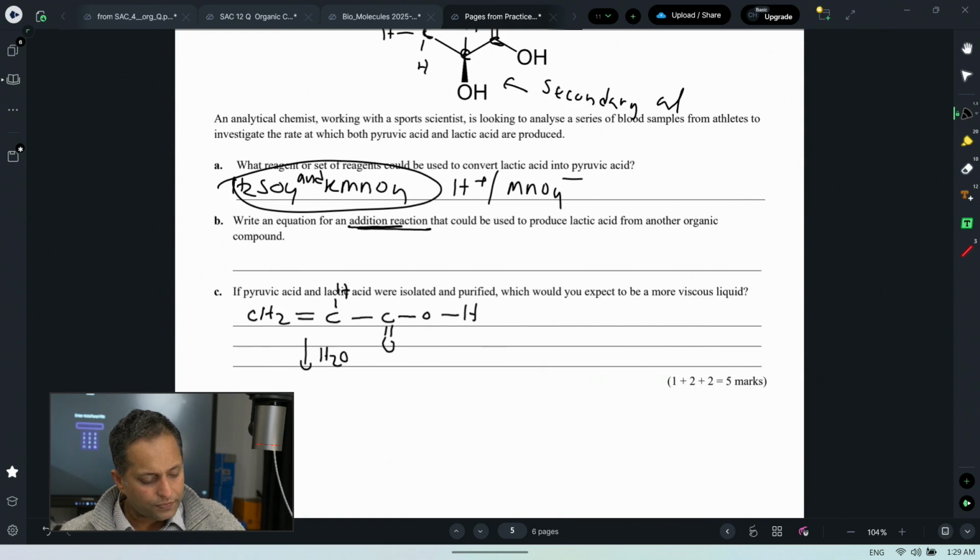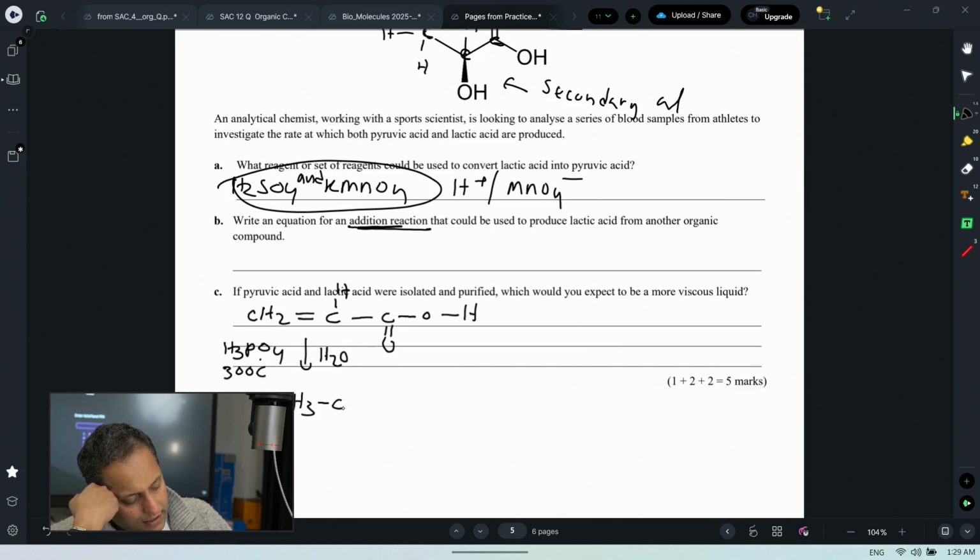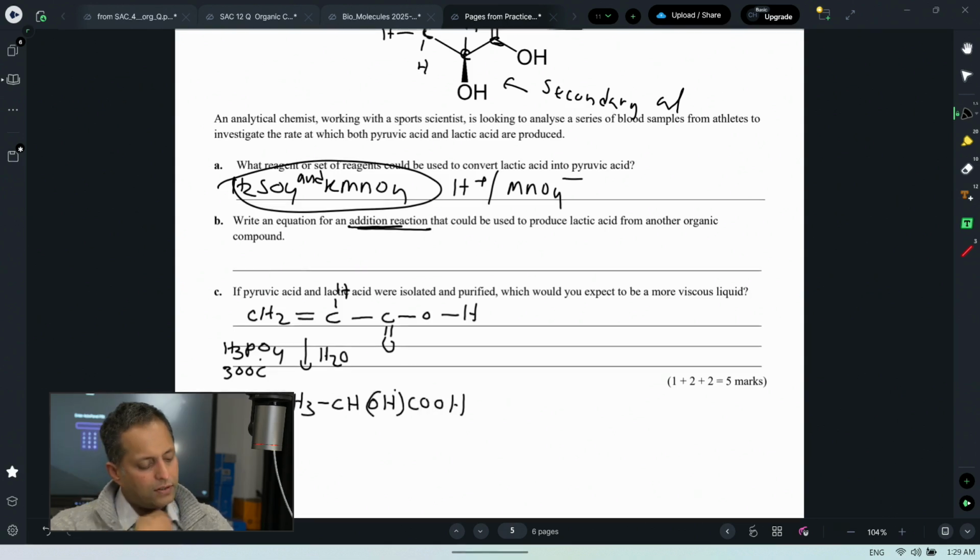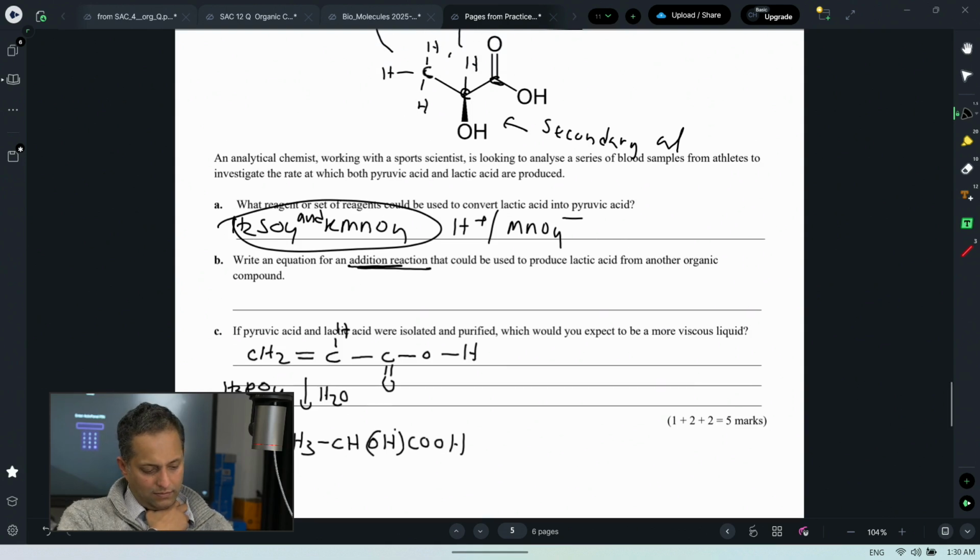I'm doing the first reaction, even though this is part C. Adding water in the presence of H3PO4, phosphoric acid, at 300 degrees Celsius, water is going to get added. So that becomes CH3, CHOH and COOH.